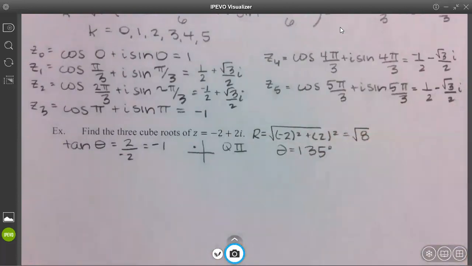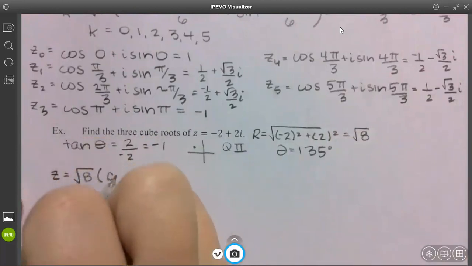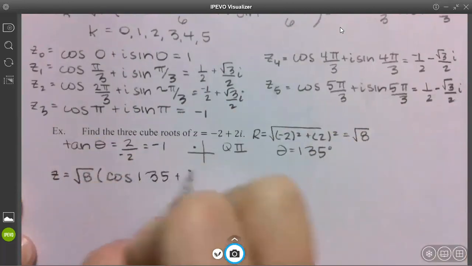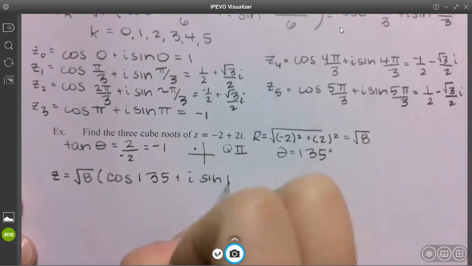And again, you can do degrees or you can do radians. I don't care, it's up to you. All right, so then we can write it in terms of z now. We get the square root of 8 times cosine 135 plus i sine 135.